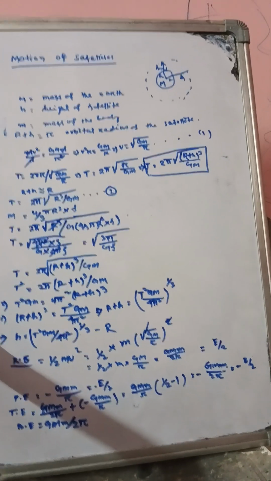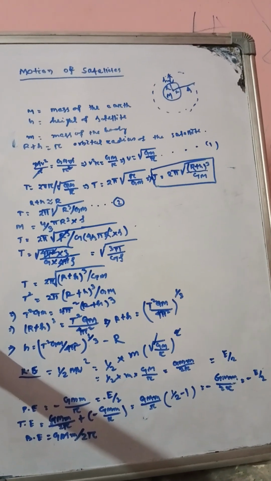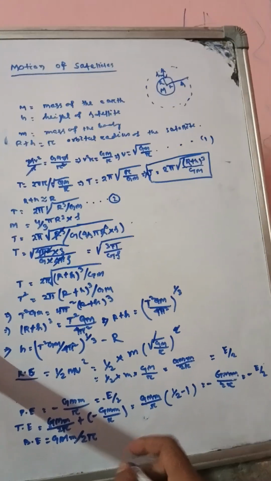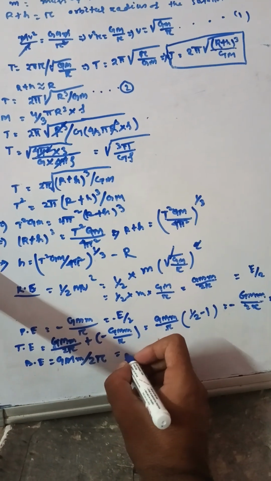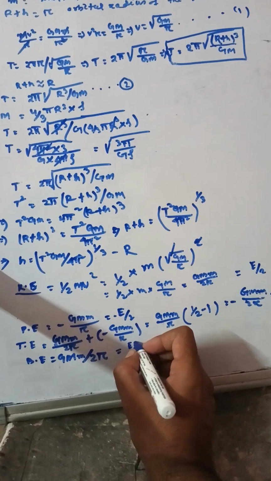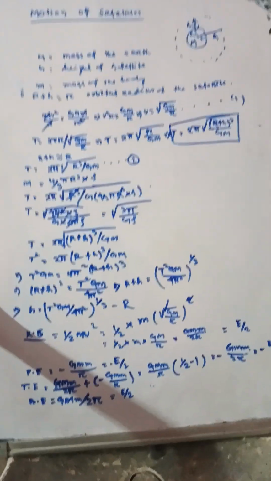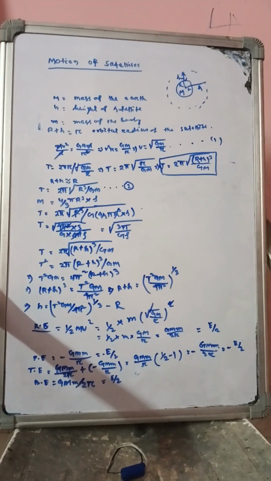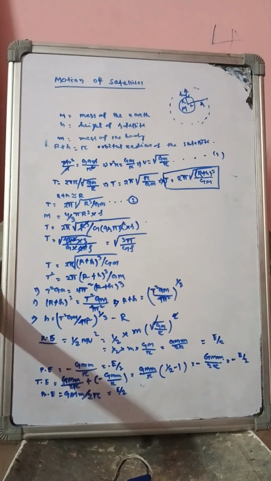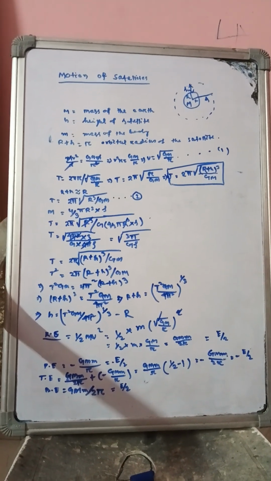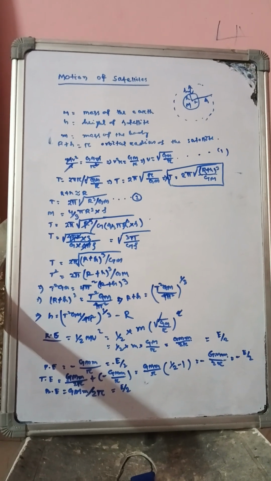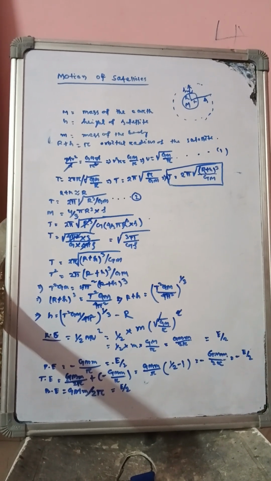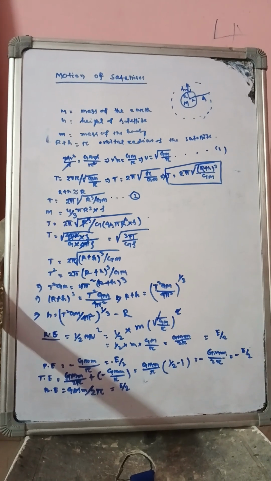Okay, kinetic energy and binding energy are only positive, while potential energy and total energy are negative. In this way we have to calculate the time period, and we discussed orbital velocity earlier, and you have to write in this way.